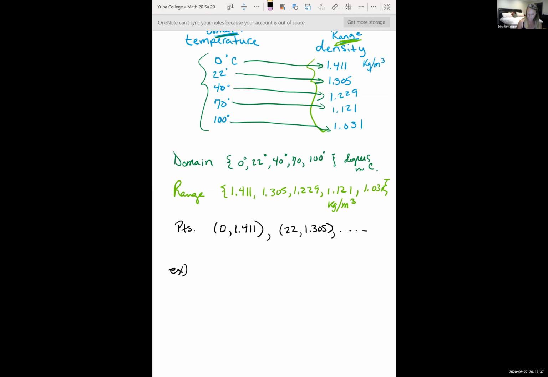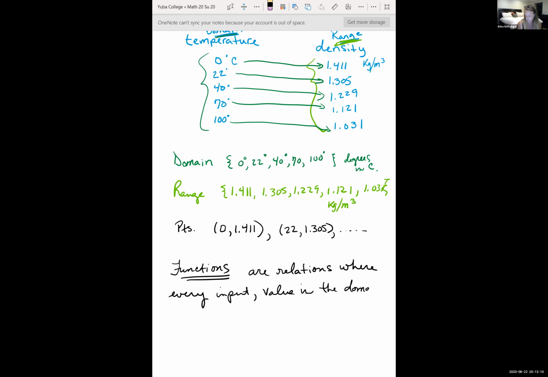Okay. So functions are relations where every input, which is the value in the domain, corresponds to exactly one output, a value in the range.